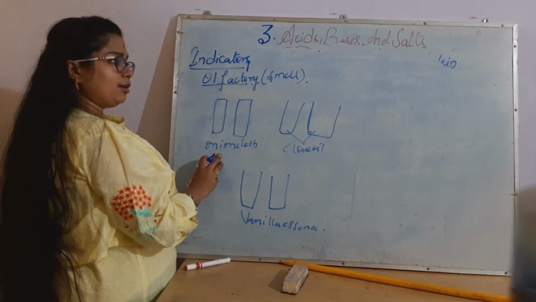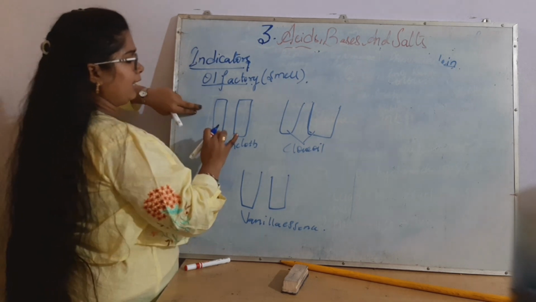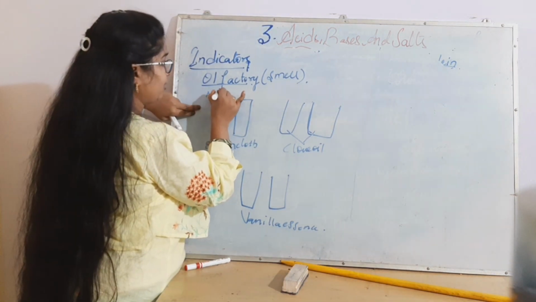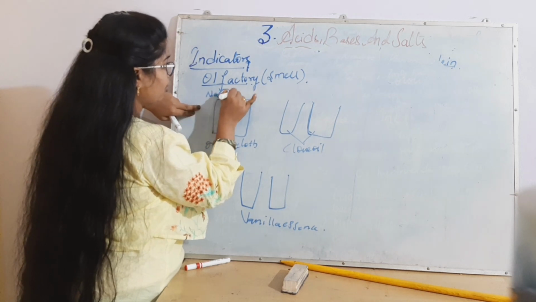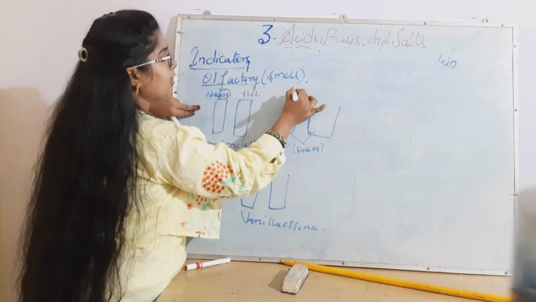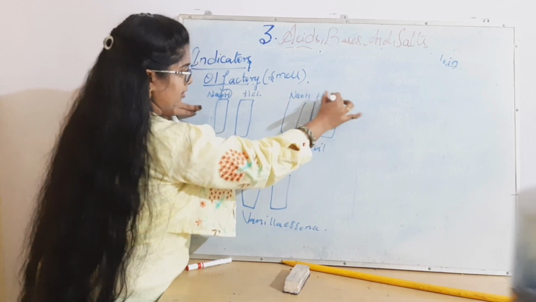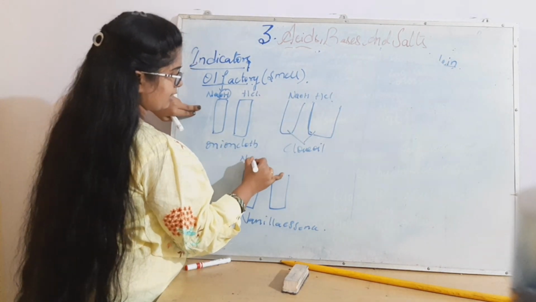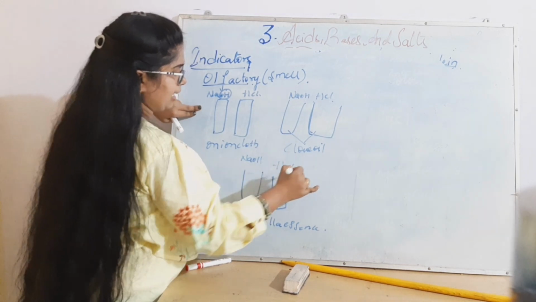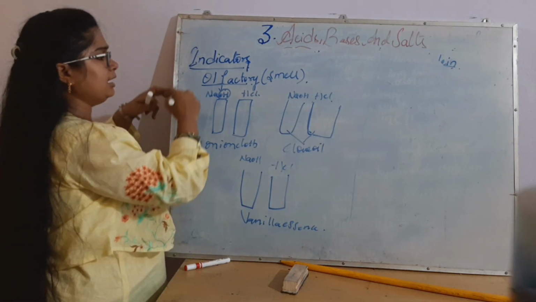When you put NaOH, a base, and HCl on the onion cloth strips, what do they change? Not the color, they change the smell.